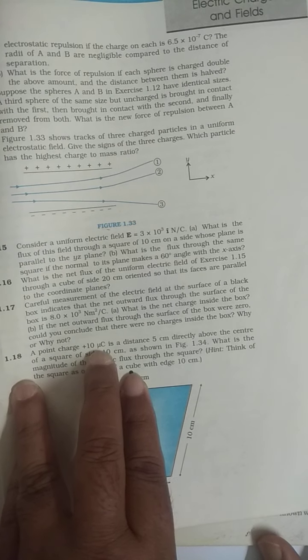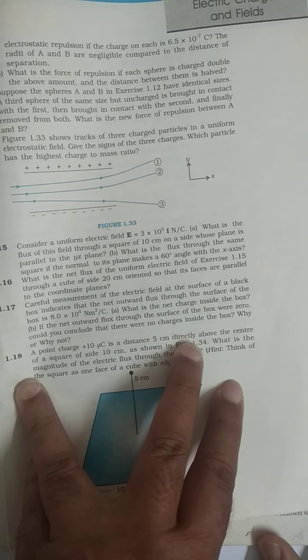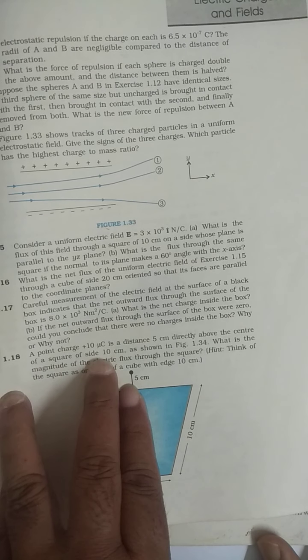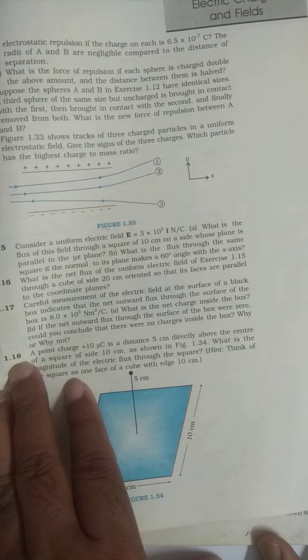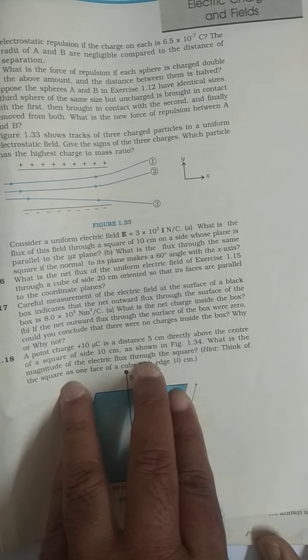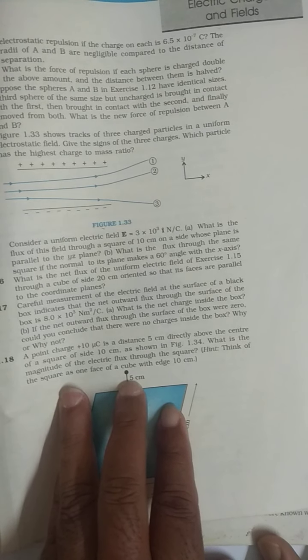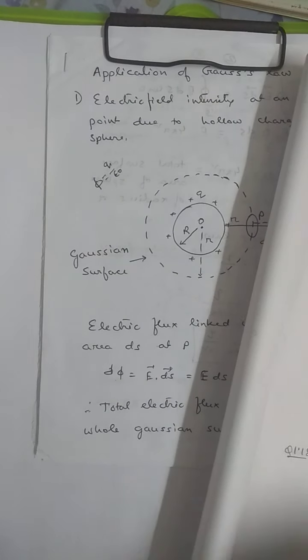What is the net electric flux linked with this square plate due to this charge? This is question number 1.18. So this is the square plate.